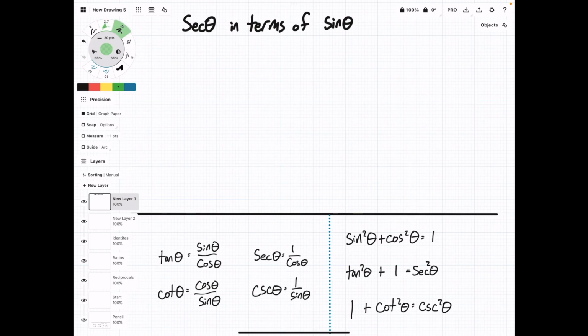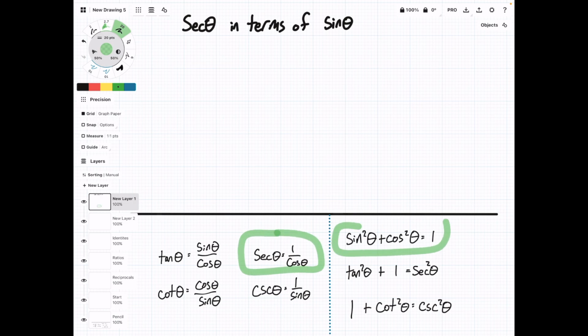Now let's move on to secant theta. So we want to rewrite secant theta in terms of sine theta, and to do that, we're going to use this ratio here and this trig identity here. To start off, we're going to have secant theta equals 1 over cosine theta. So let's solve this for cosine. We'll have cosine theta equals 1 over secant theta.